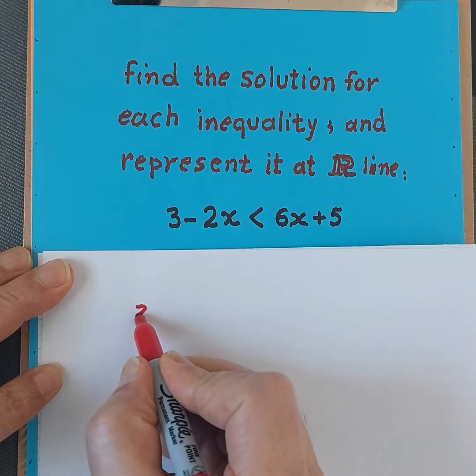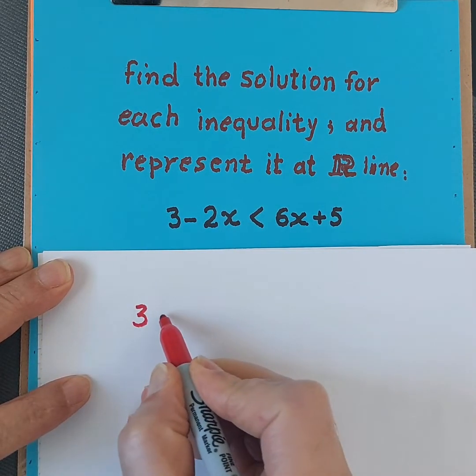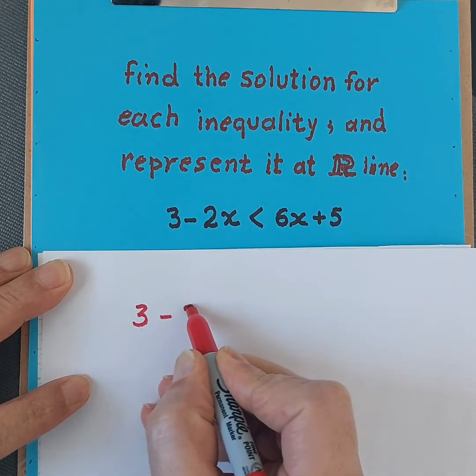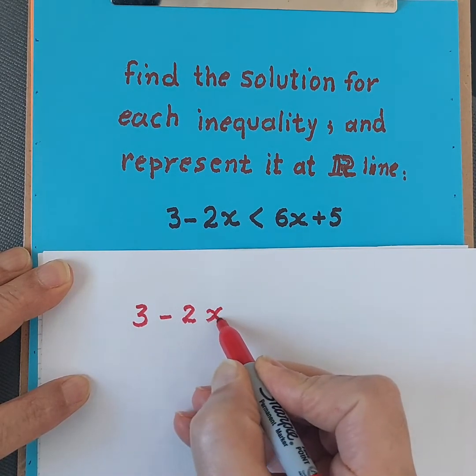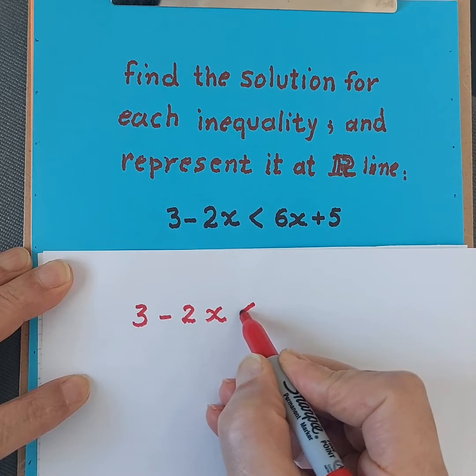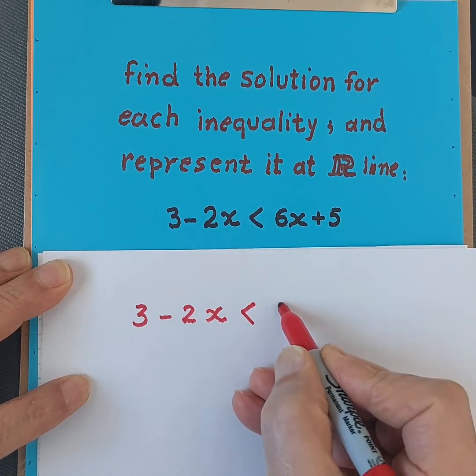Here we have the inequality 3 minus 2x is less than 6x plus 5.